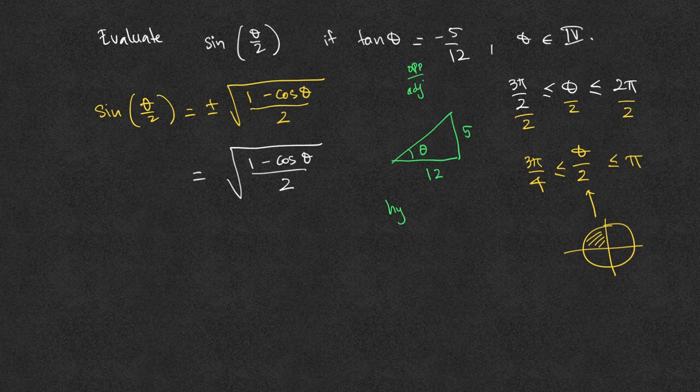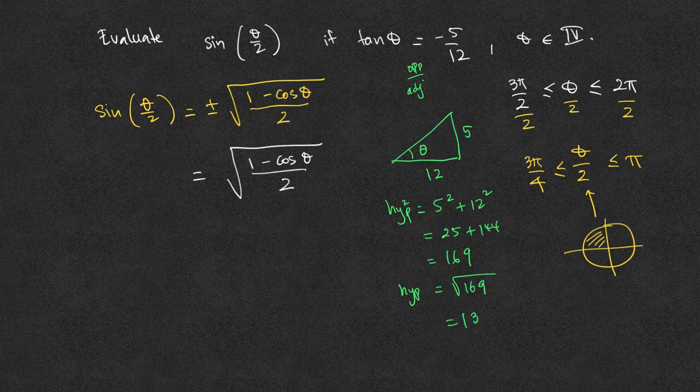The hypotenuse squared is therefore 5 squared plus 12 squared. This is 25 plus 144, which is 169. The hypotenuse is the square root of 169, or 13. So tangent of theta is negative 5 over 12, giving us this right triangle.